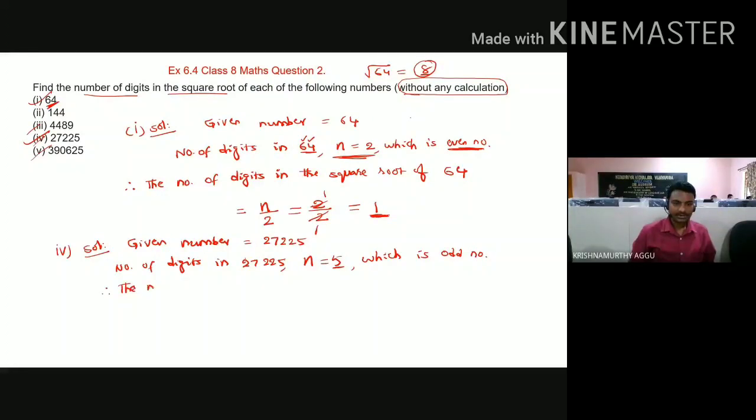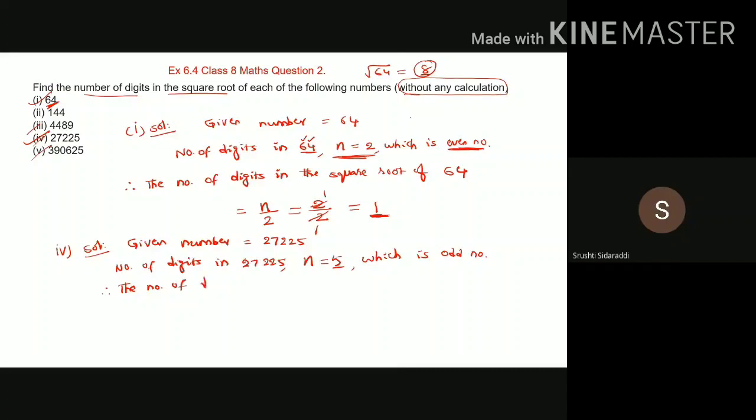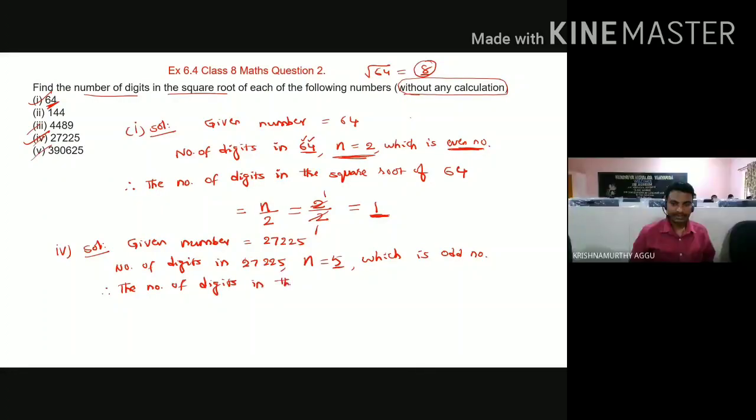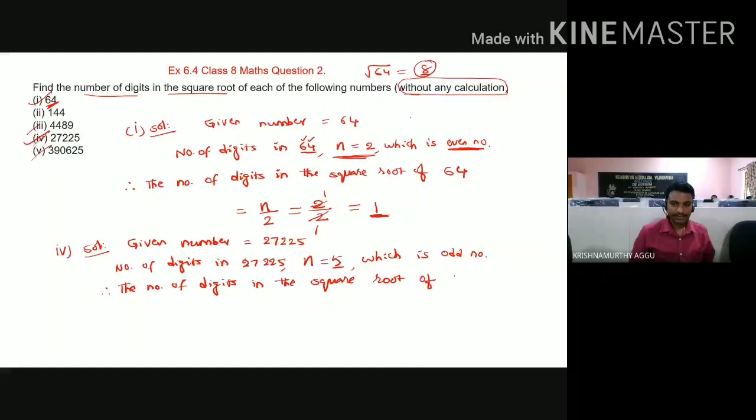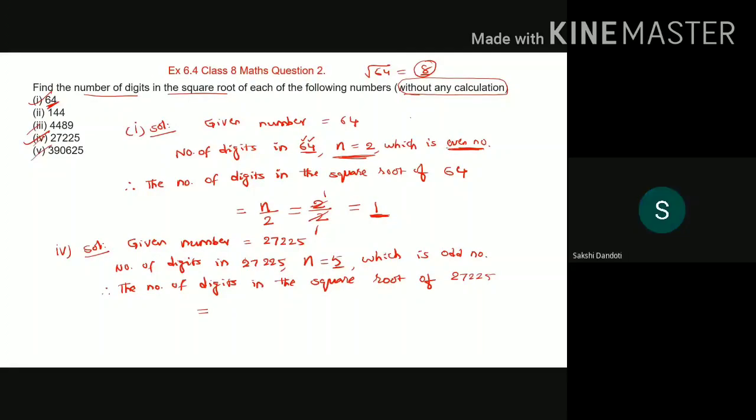Therefore, the number of digits in the square root of 27,225 is equal to the formula. Can you guess which formula is applicable? If it is even, n by 2.